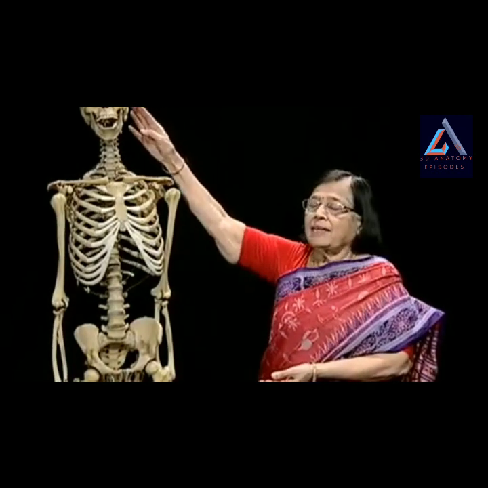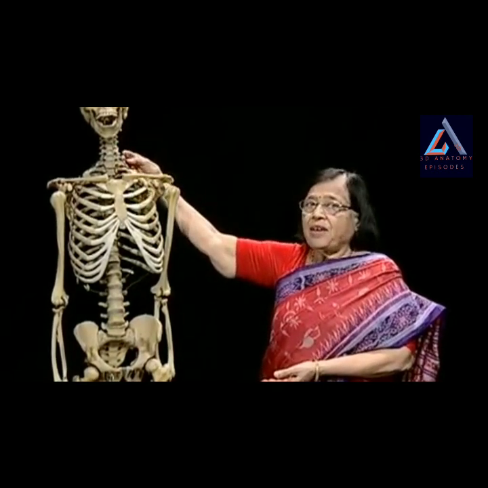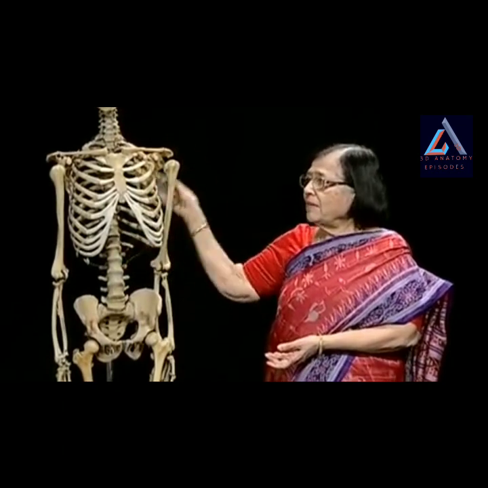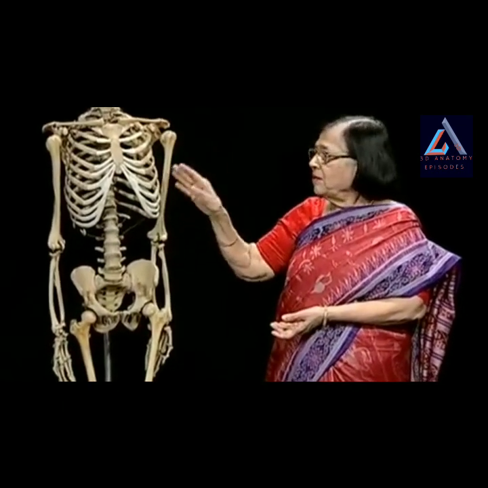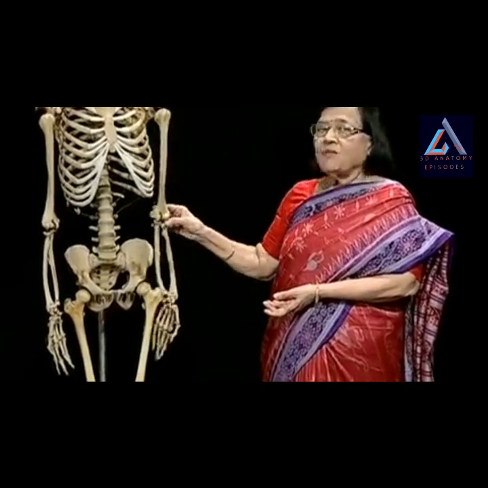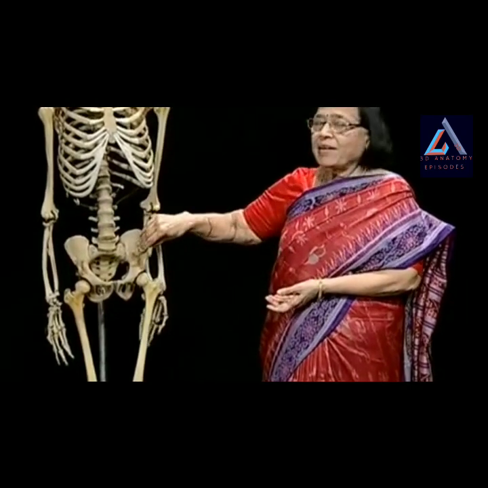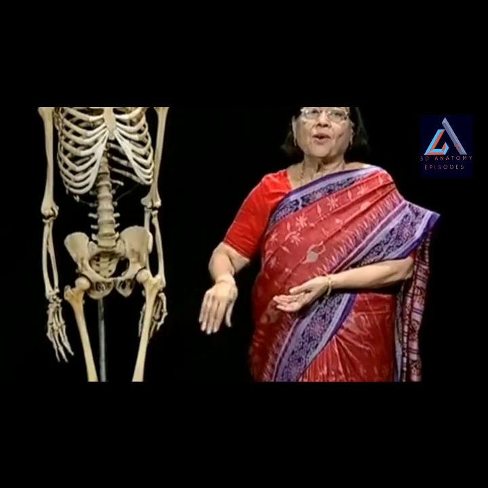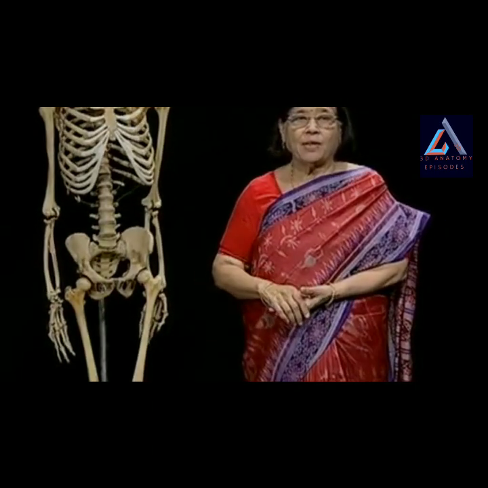With this, we have understood the skull, the neck area, the vertebral column, the rib cage, the pectoral girdle, the forelimb, pelvic girdle and the hind limb, and the importance of all these bones in our body. So children, you have seen a true skeleton.